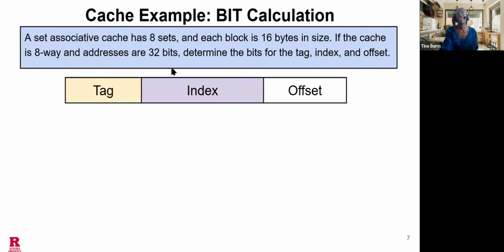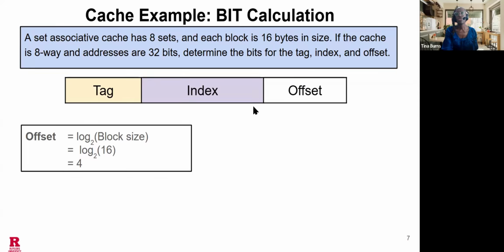So the first thing we can tell is that the index is going to be determined by the number of cache sets that I have. And I already know also that the offset is determined by how many bytes total are in each block.